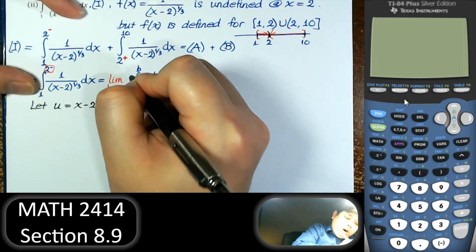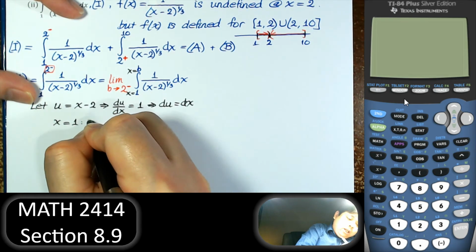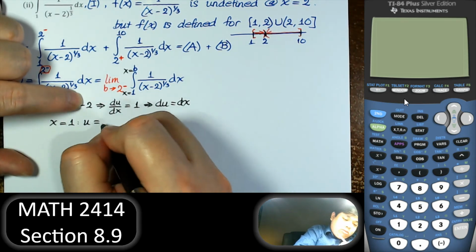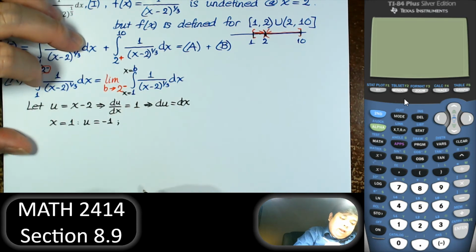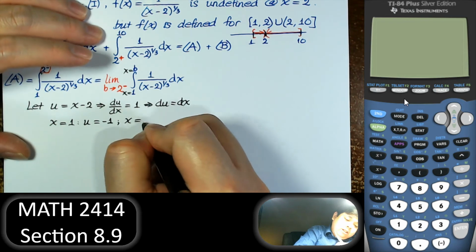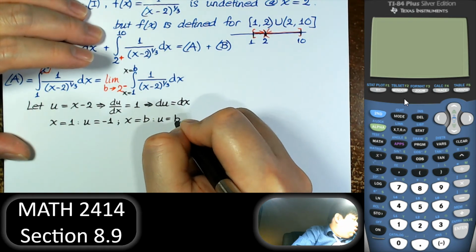Originally x equals 1 to x equals b. When x equals 1, u is equal to 1 minus 2, which is minus 1. And when x equals b, u equals b minus 2.